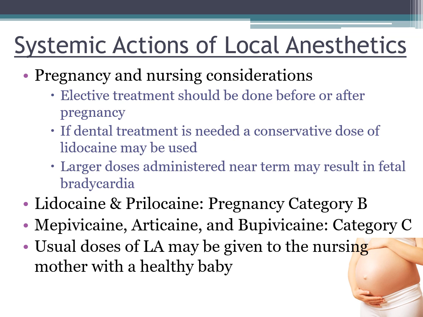You should use lidocaine and prilocaine for the pregnancy category B, and you should use the mepivacaine, articaine, and bupivacaine in the category C. So the usual dose of local anesthetic can be given to nursing mothers with a healthy baby.